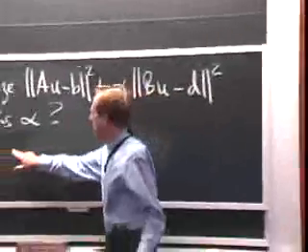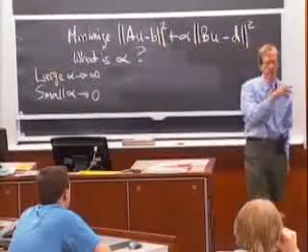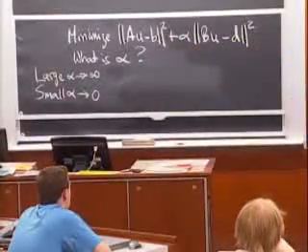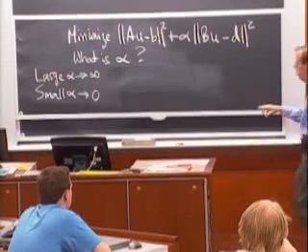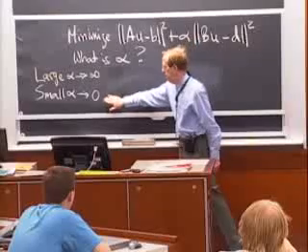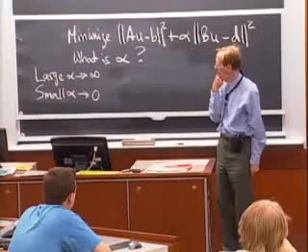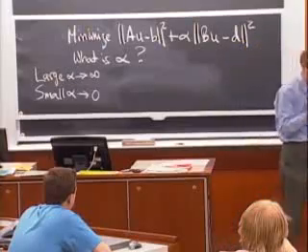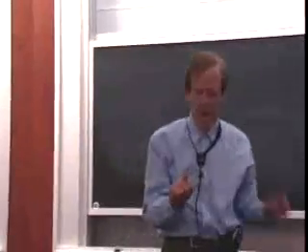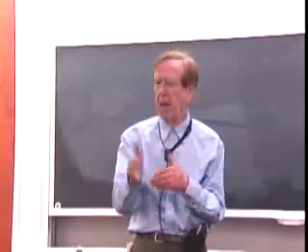Okay, now where am I with this problem? Well, last time I spoke about what the situation's like as alpha goes to infinity. And I want to say also a word, more than a word, about alpha going to 0. And then the real problems come when alpha is in between.